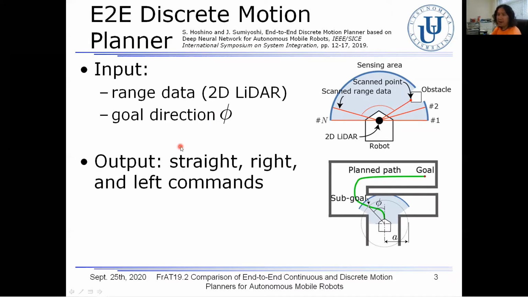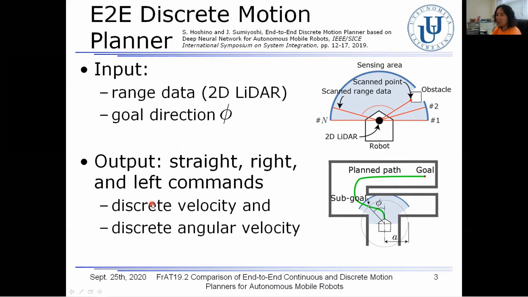The inputs are then classified into the control commands such as go straight, turn right, and turn left. For this purpose, the output values of the velocity and angular velocity were discretized.